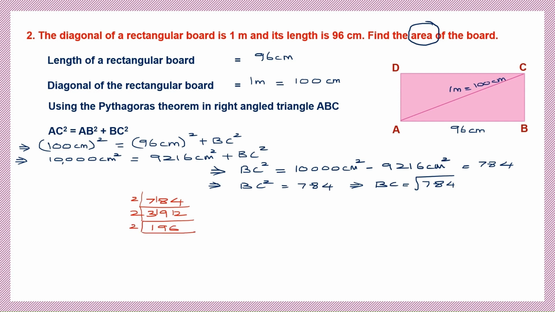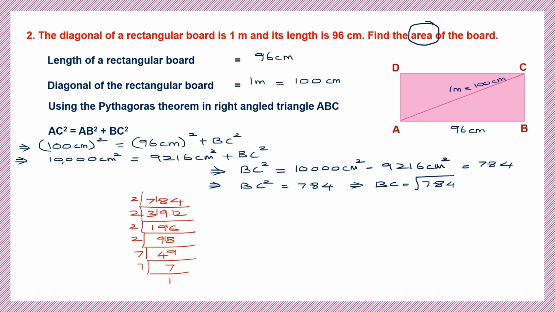Continue with 2. Now we have 19. 2 nines are 18. Carry 1, 16. 2 eights are 16. Continue again with 2. 2 fours are 8. There's 1 left, 18. 2 nines are 18. Now the number is 49. Let's use 7. 7 sevens are 49. 7 ones are 7. So we found all the prime factors.